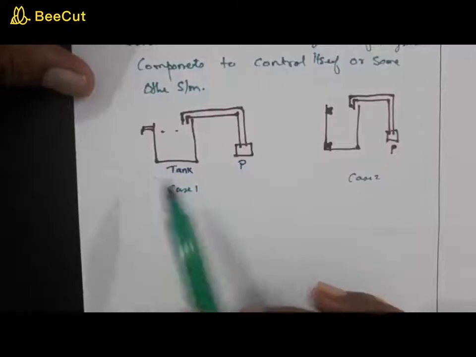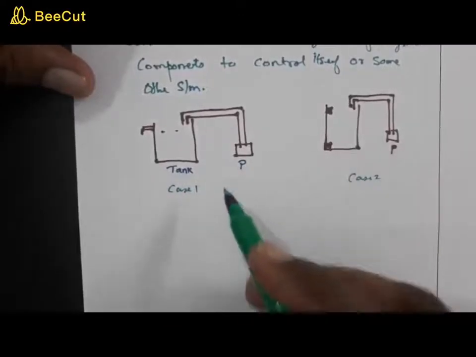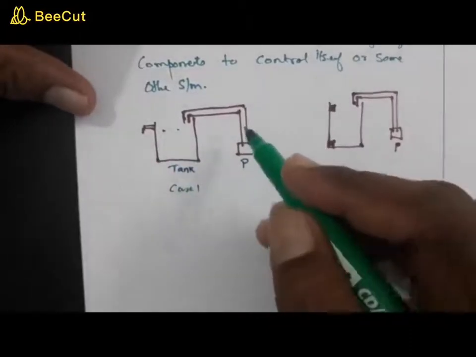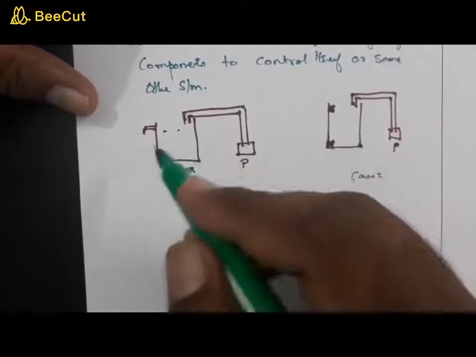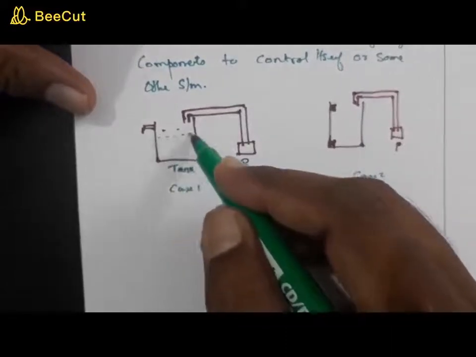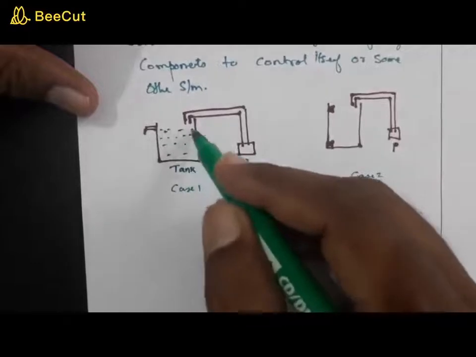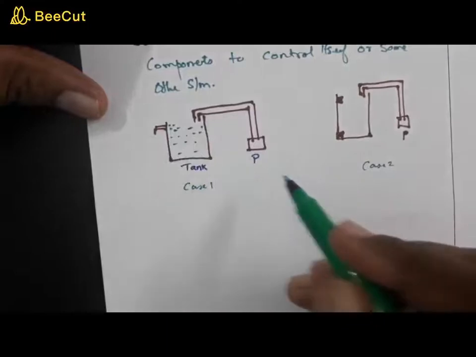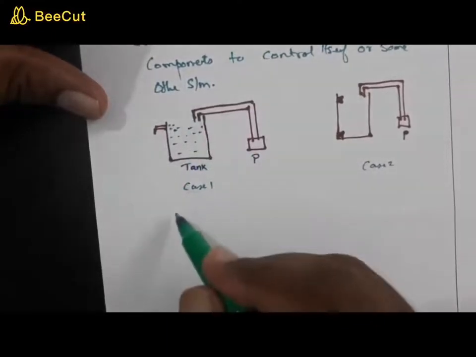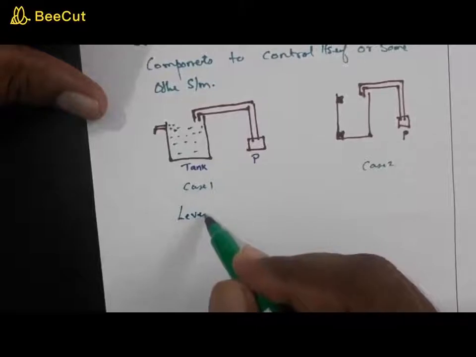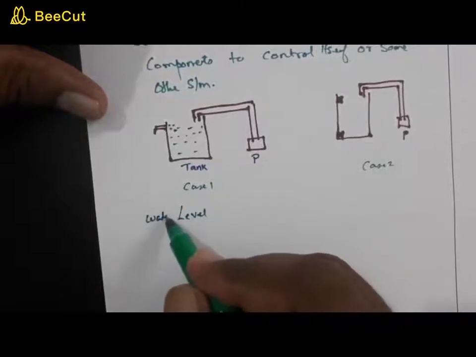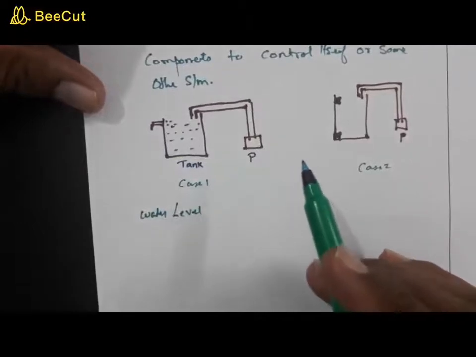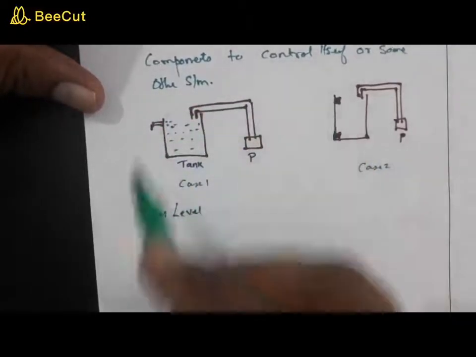So here you have two tanks, two cases, where in the first tank, you are pumping water into the tank, and the water rises and comes to this level. So the controlling parameter here is the water level. But in this case, there is no mechanism to measure the level.